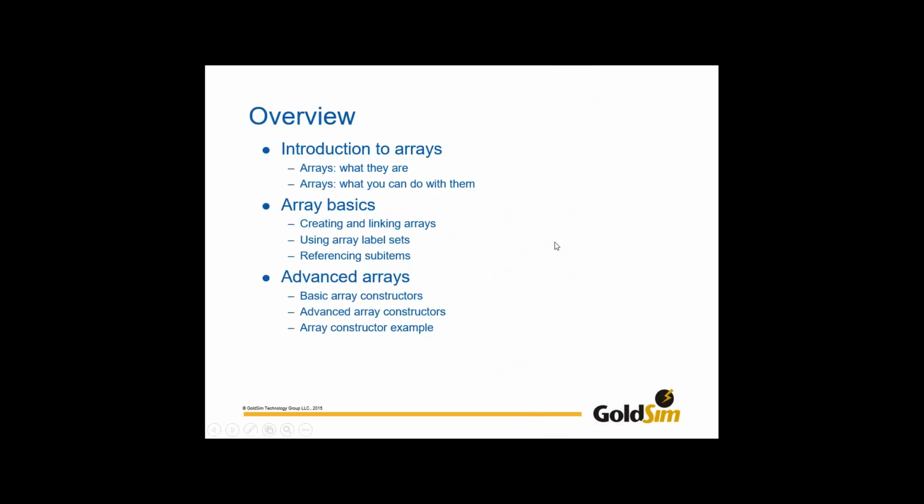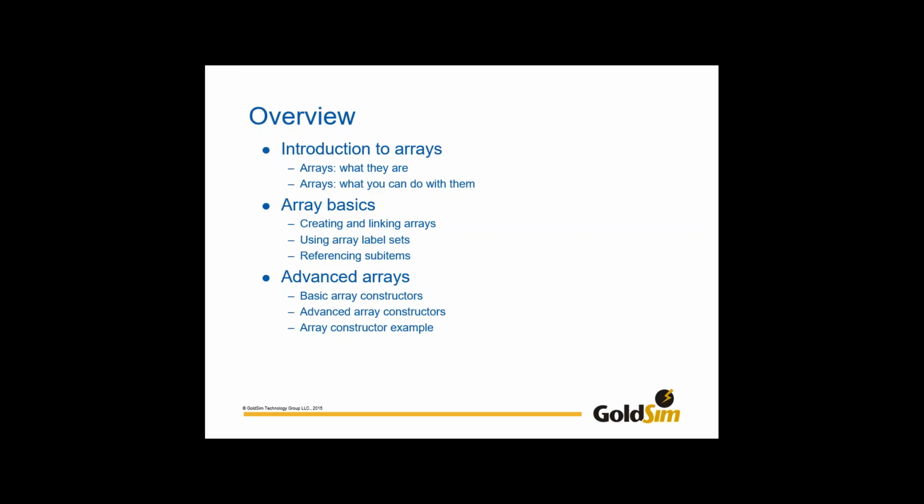Okay, so an overview of what I'm going to talk about today. It's basically 3 sections. I'm going to introduce the topic with various examples, and we'll spend a fair amount of time on this, even though it's meant to be an introduction. As we look at the examples, we'll touch on certain aspects of using vectors and matrices, which are arrays, in GoldSim, and you'll pick up a fair amount of information in just the introductory section.